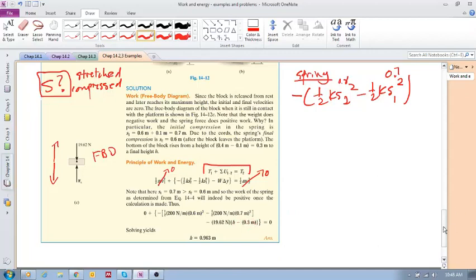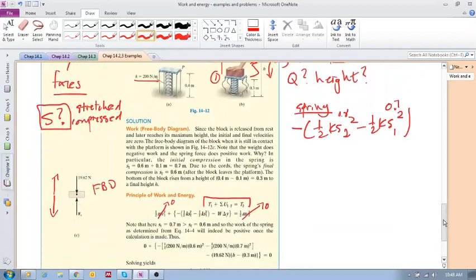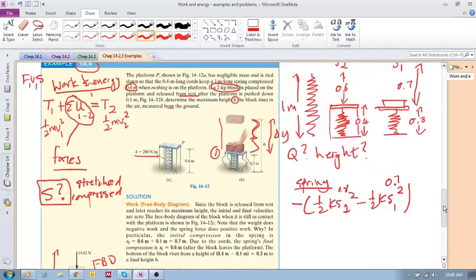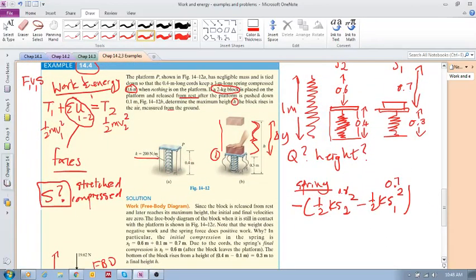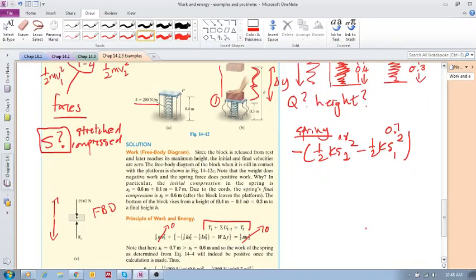So my question now is, I'm just going to ask again conceptually, does the spring do positive or negative work? Remember that if the spring is compressed like that, and it moves towards its equilibrium position, then the spring force is in that direction, and the displacement is in that direction.